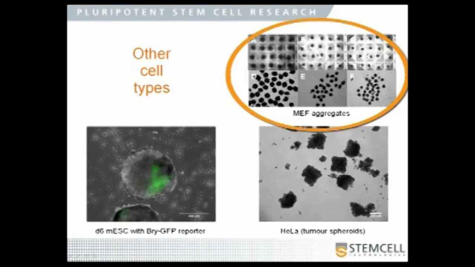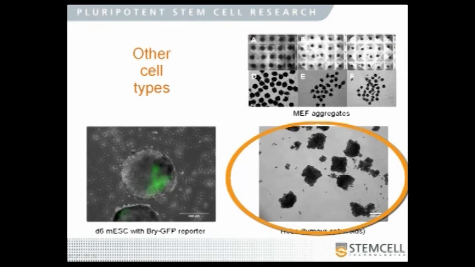I've also formed aggregates from mouse embryonic fibroblasts and from HeLa cells. So this is a proxy for the tumor spheroid model, which is currently gaining in popularity in the area of cancer biology, both from the basic biology perspective and also in terms of studying chemotherapeutic agents, which are now being realized to behave significantly differently in these three-dimensional models than they do in 2D culture of the same cell lines.